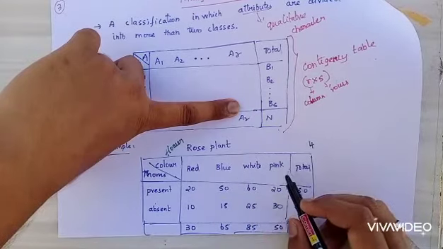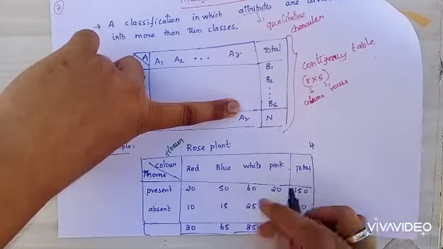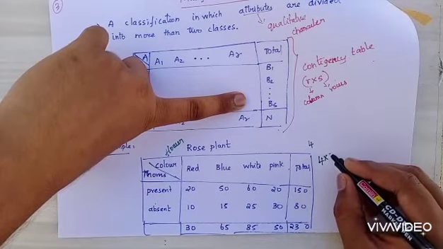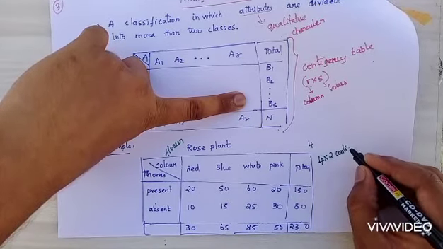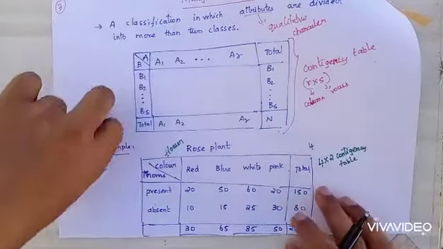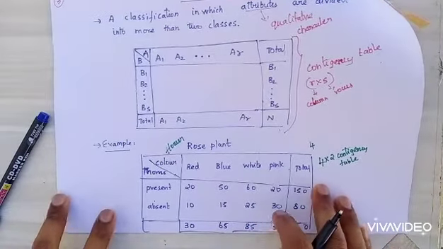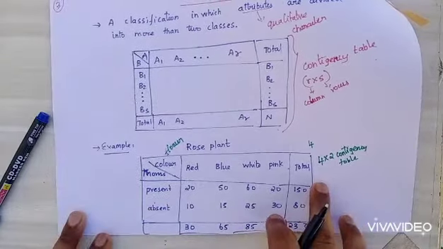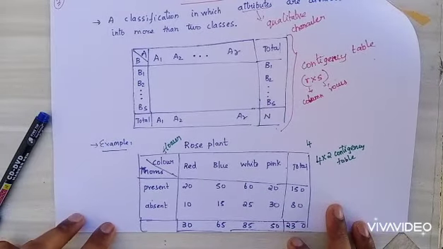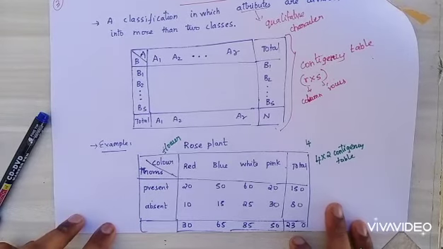This is a manifold classification, and this table is a 4 into 2 contingency table. Here we have 4 columns and 2 rows.